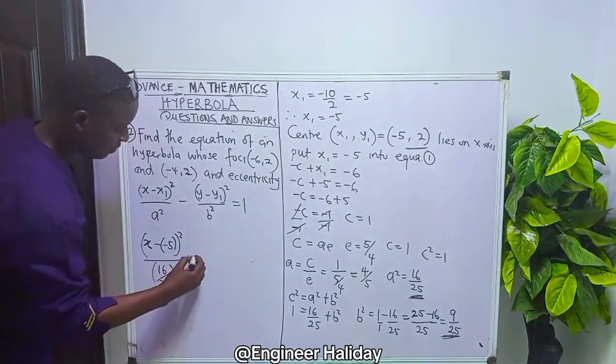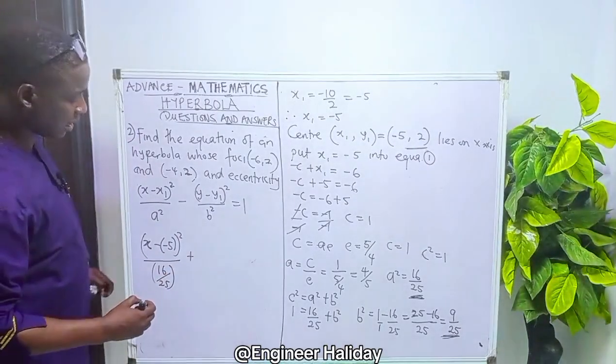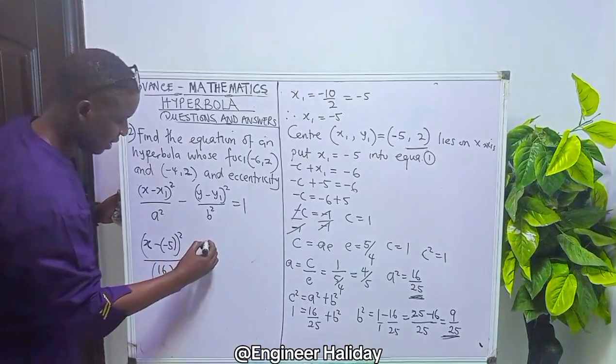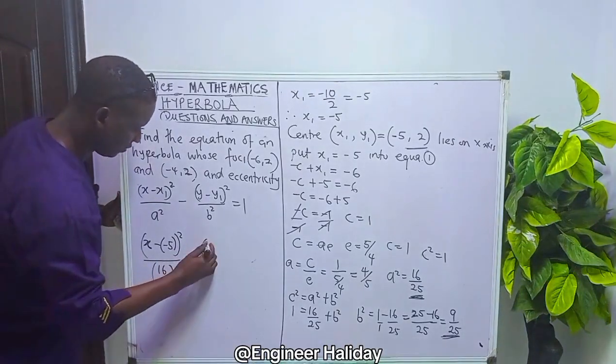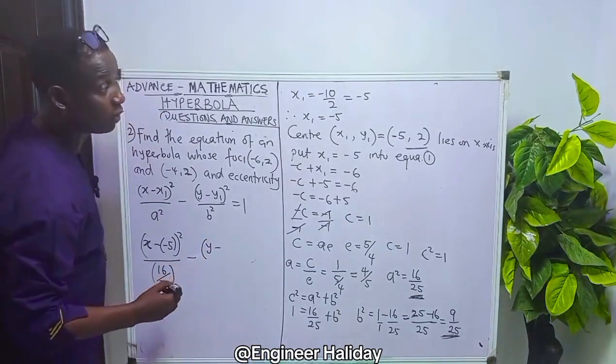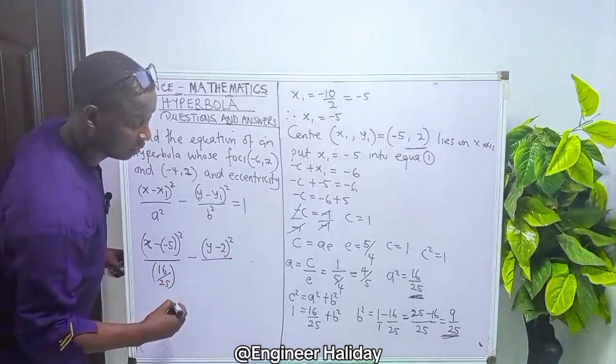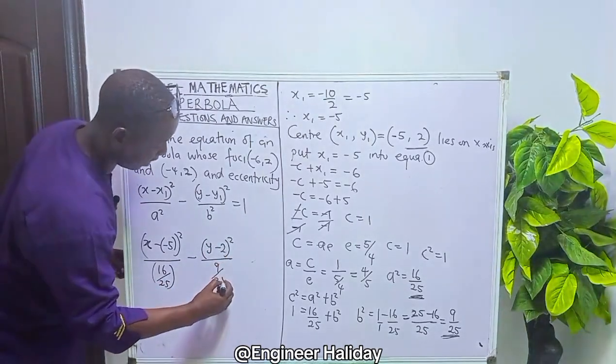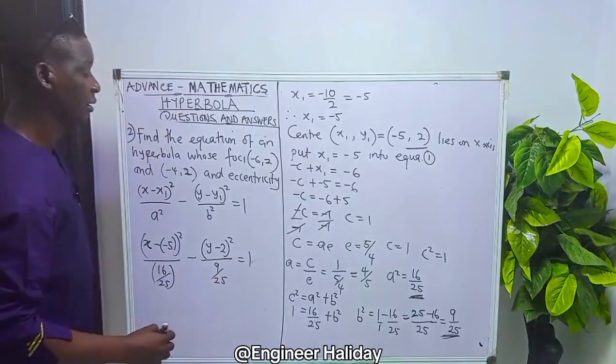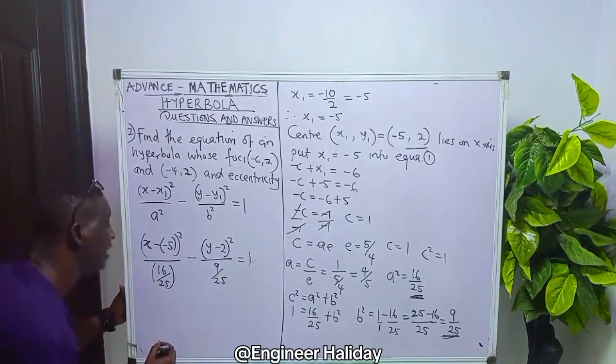Leave it like this, minus y minus y1, what is y1? 2, all square over 9/25 equals to 1. Now we can write our final answer like this.